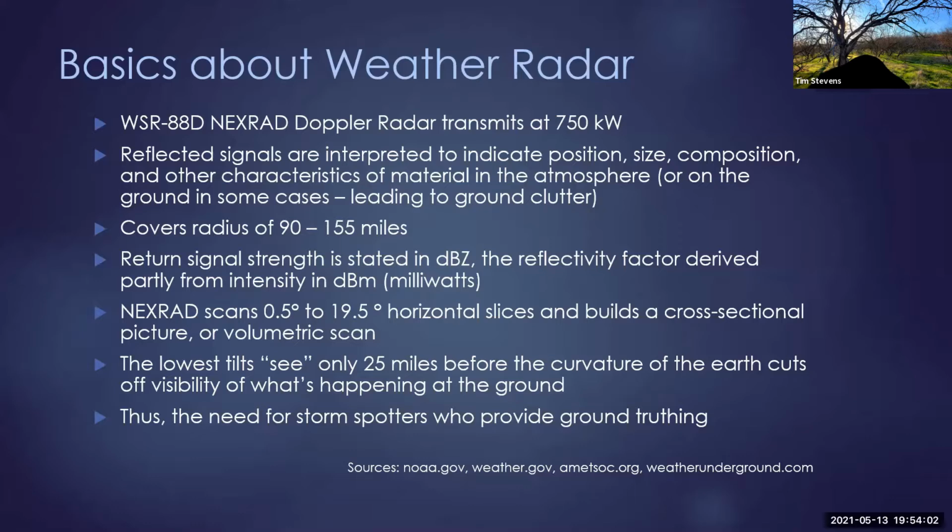And that can be dust, bugs, rain, snow, cars. You just never know. The signal goes out covering a radius of about 90 to 143 to 155 miles, best case. And the return signal is stated in terms of dBZ.